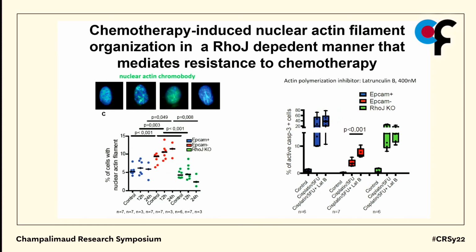So we decided to check whether the EMT tumor cells present more nuclear actin, and it was indeed the case, and this nuclear actin was even further increased following chemotherapy in a Rho-G dependent manner. And when we inhibit actin polymerization by latrunculin B, we can sensitize the EMT tumor cells to undergo cell death following chemotherapy.